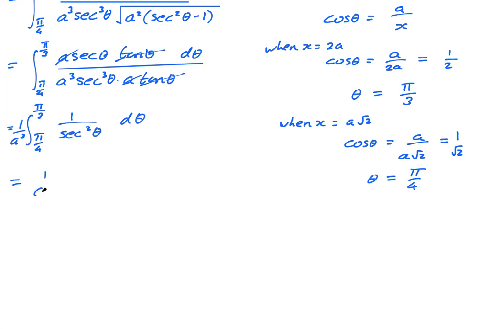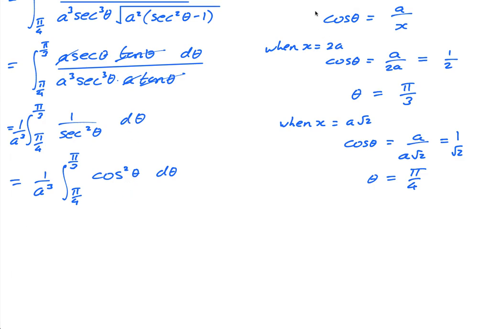That equals 1 over a cubed times the integral from pi over 4 to pi over 3. 1 over sec squared is cos squared theta, because by definition sec is 1 over cos, so 1 over sec is cos. 1 over sec squared is cos squared.